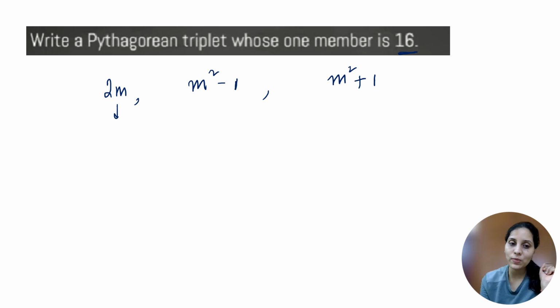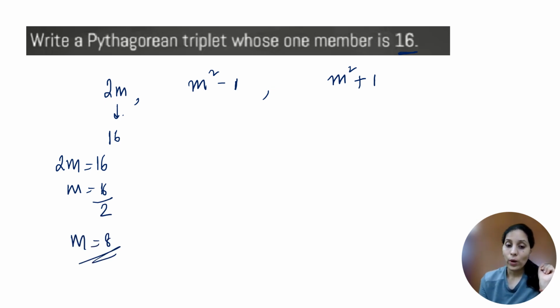I can assume 2m equal to 16, which means m equal to 16 by 2, m equal to 8. Once I have m equal to 8, I can find the remaining two members by substituting. So 8 square minus 1, 8 square is 64, minus 1 is 63.